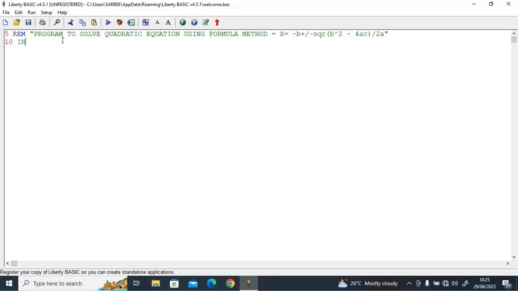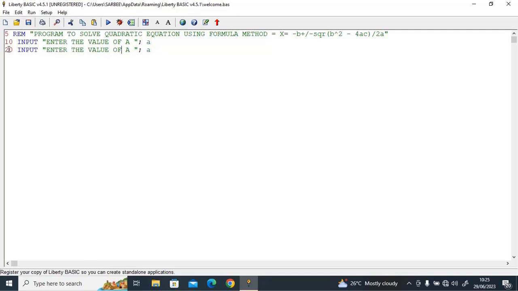So next thing is what? Input. So we enter the value of a, semicolon, then small a. Let me copy and paste this to save us time. Ctrl V. So this is going to be 20.